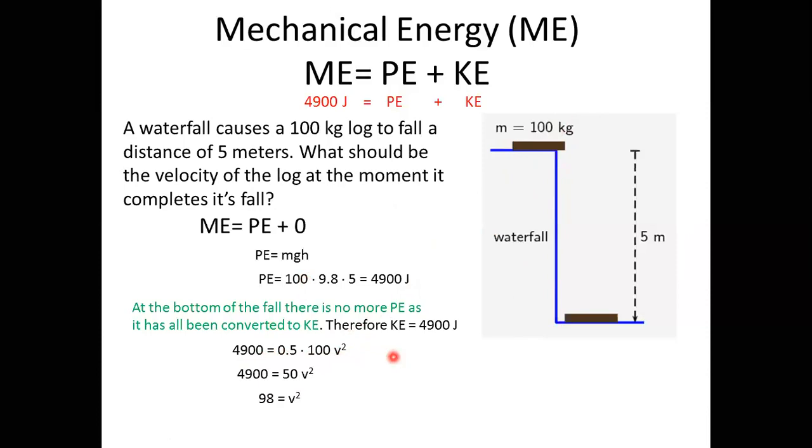We get 98 equals v squared. We take the square root of each side. The velocity of the log when it reaches the bottom of the waterfall would be equivalent to 9.9 meters per second, because all of that energy that we began with, that 4,900 joules of energy, was converted from potential to kinetic energy.